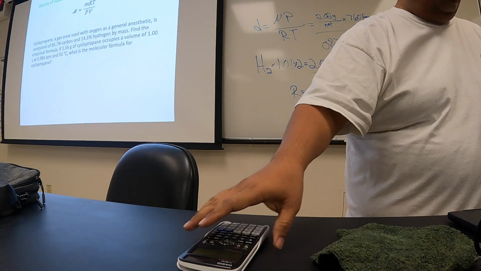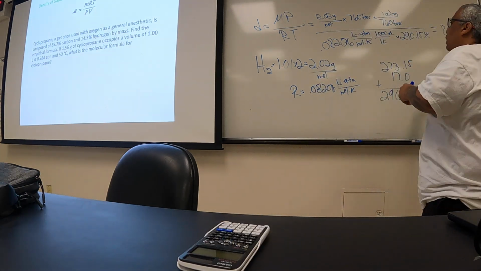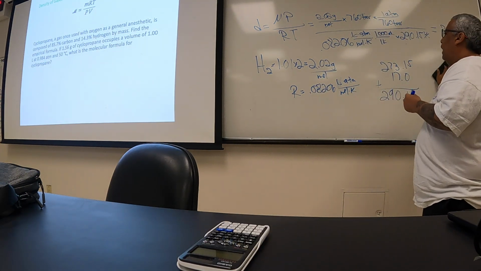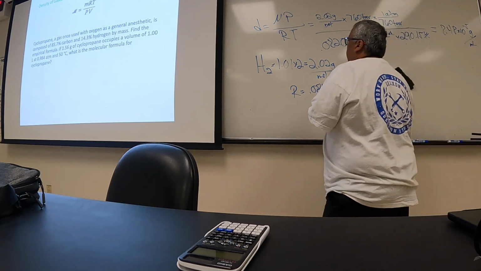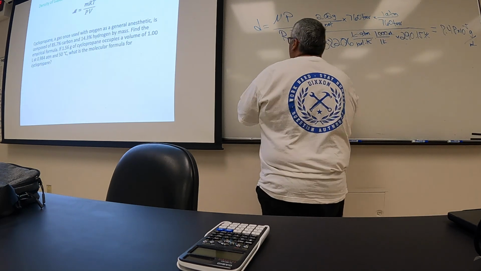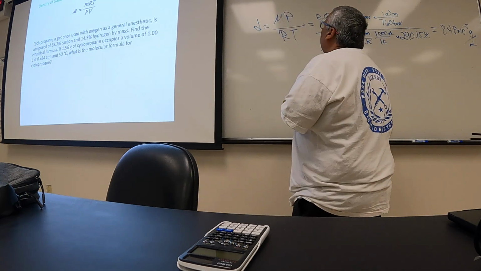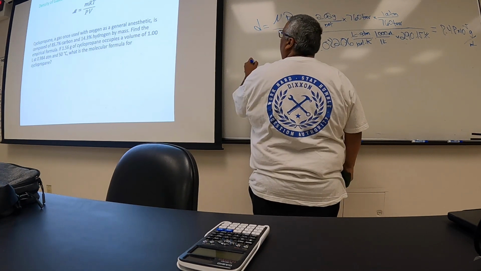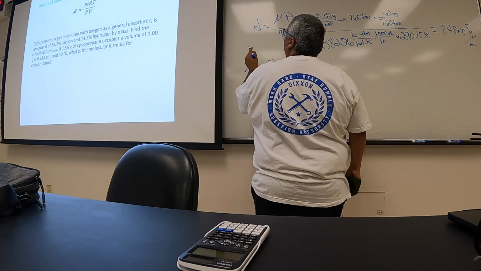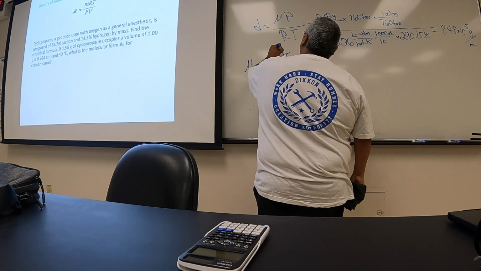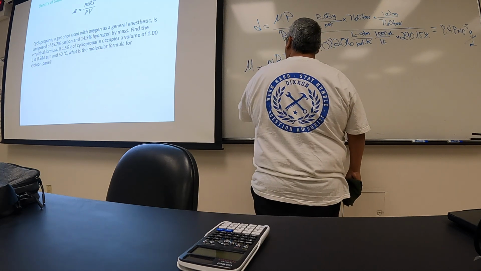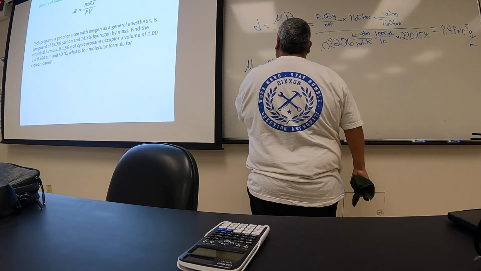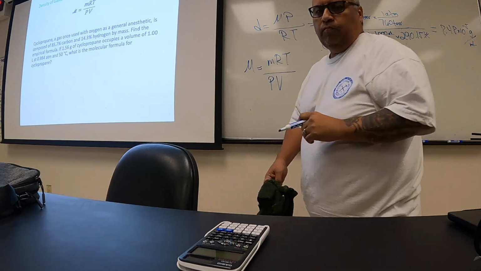This is also another formula that's derived to help us determine molar mass. So along with this one here, now we're going to have molar mass is equal to mass times RT over PV.